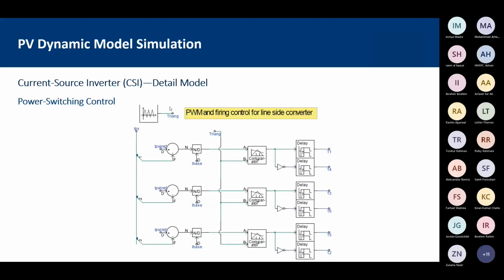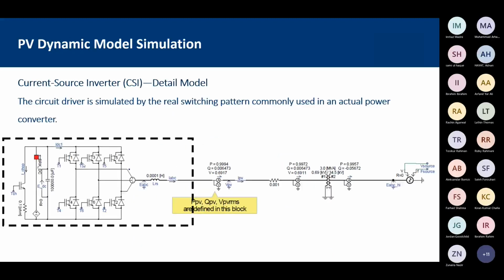So power switching control, as I was saying, these switches obviously need to be controlled in response to what we are measuring here at the point of interconnection or anywhere. These are the measurement devices. As you can see, we have multimeters measuring the currents and voltages at different points.